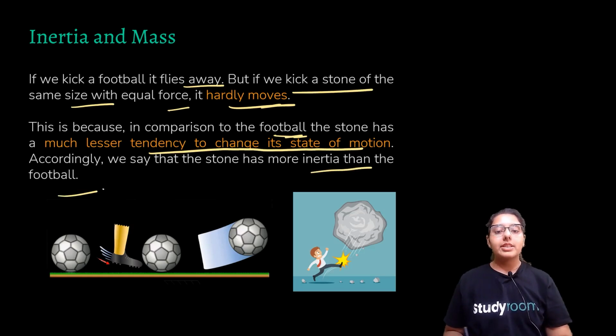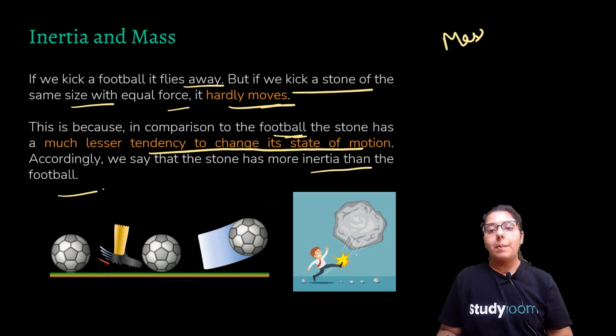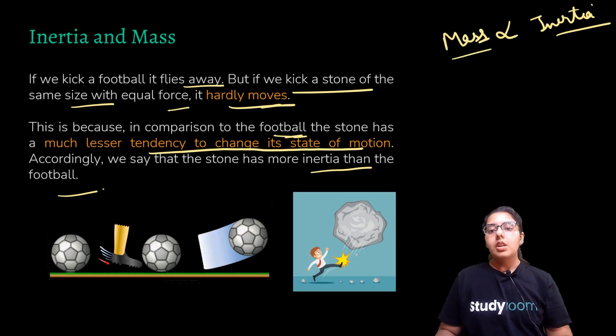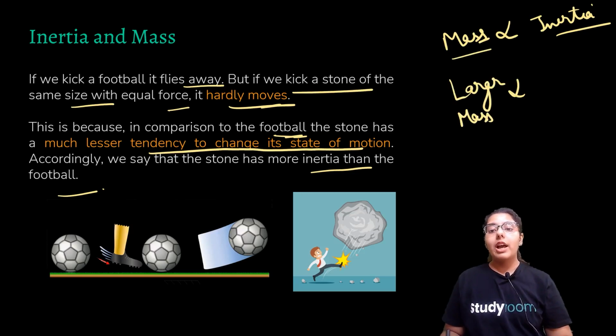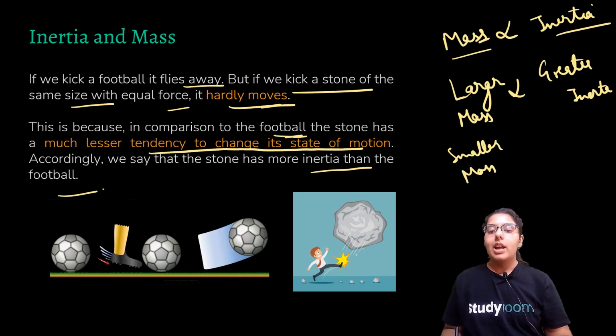So you'll see this: mass is proportional to inertia. If you have a larger mass, like a very heavy object, you'll have greater inertia. And if you have a smaller mass, you'll have lesser inertia.